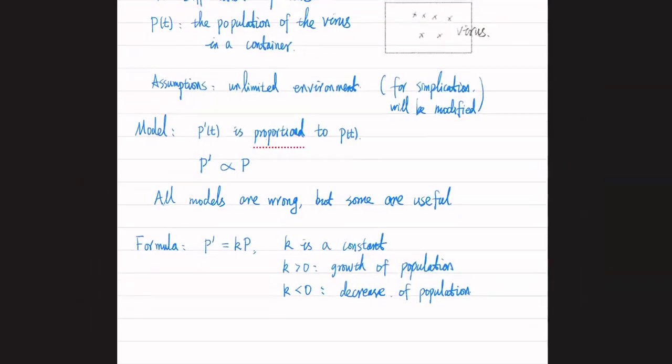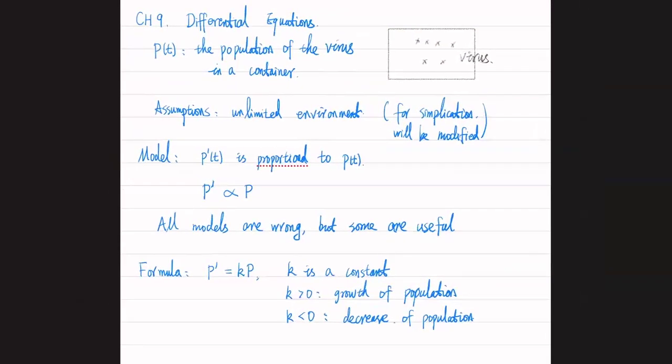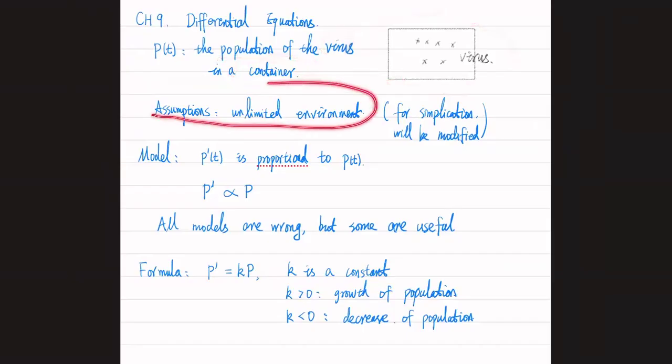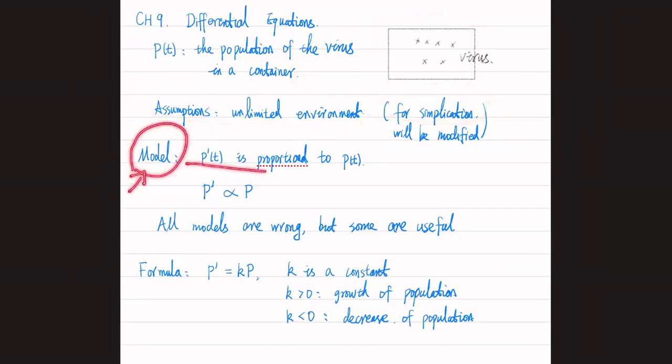Okay, so we can see how we changed it. Initially, we have some question about the population of a certain virus in a container. That's where we start. And we make some assumptions to simplify this into a model. Then we have a formula that's derived from the model.